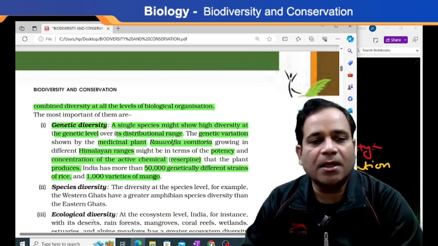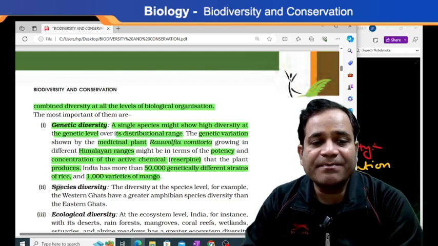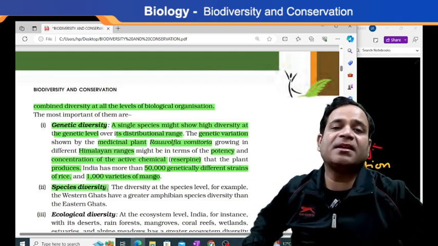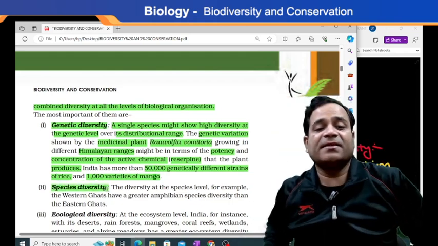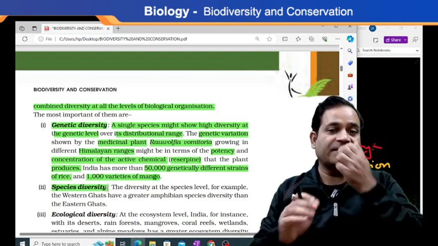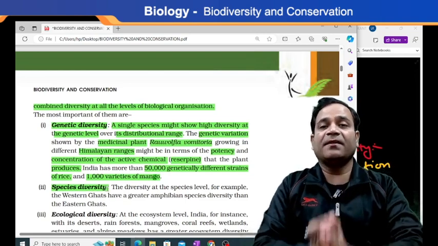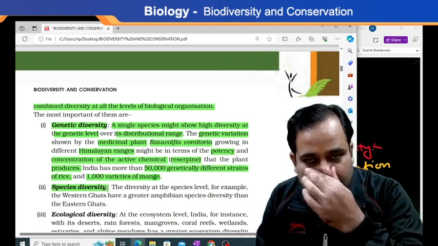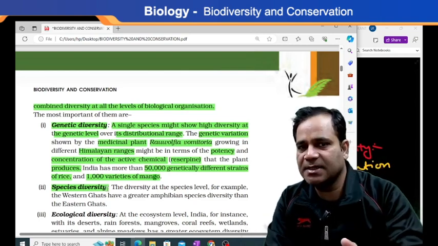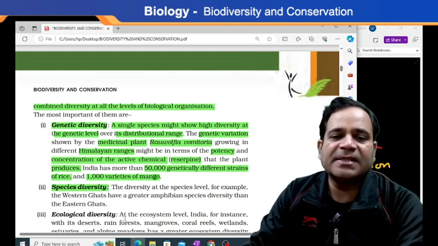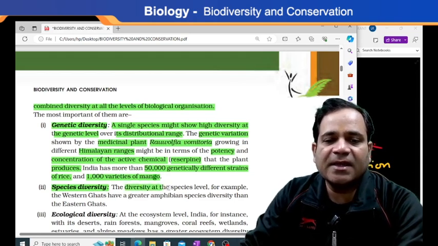Now, the second one is what? Species diversity. If I'm saying here the term species diversity, it means the diversity at the species level, because a group of species forms a genus. So basically here the diversity is at the species level.